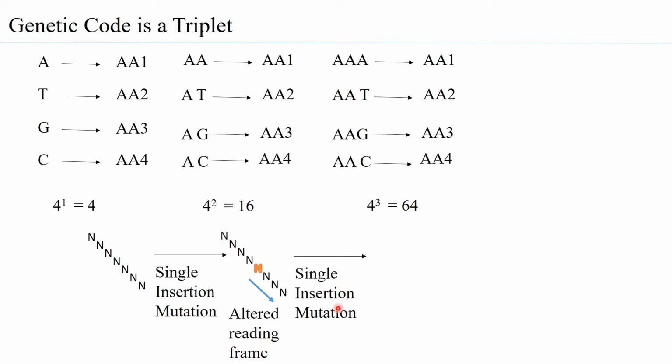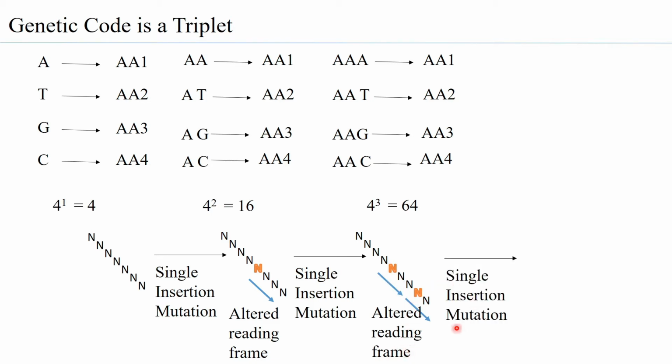When a second nucleotide was inserted, giving two inserts, again from the point of the inserts an altered reading frame was observed. When the third single point mutation was done with another insertion of a nucleotide, giving 3 inserts, there was a difference in the number of amino acids in the protein, but overall the reading frame was maintained.